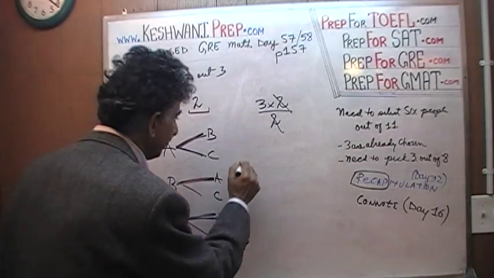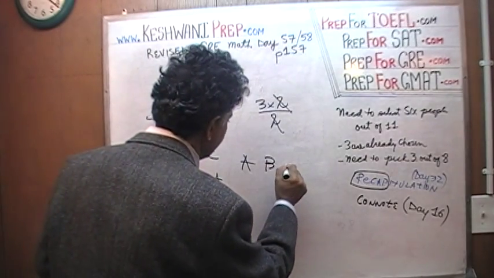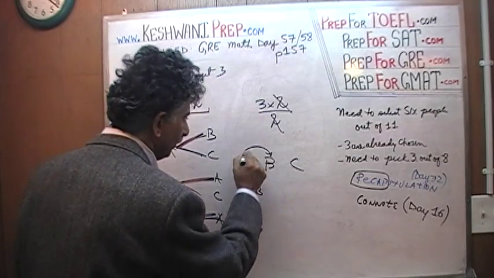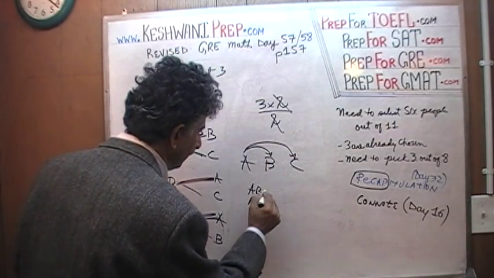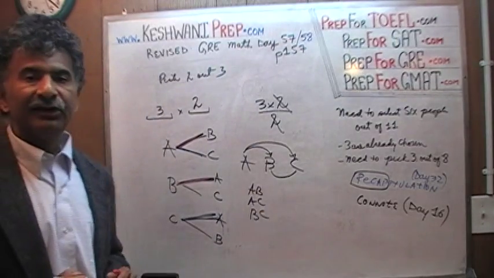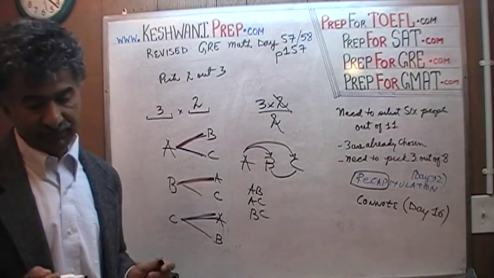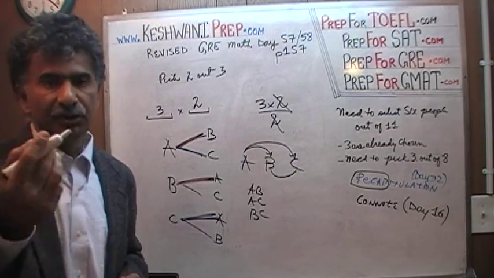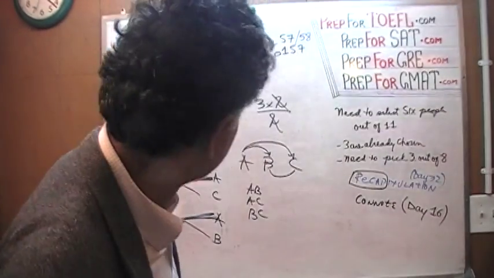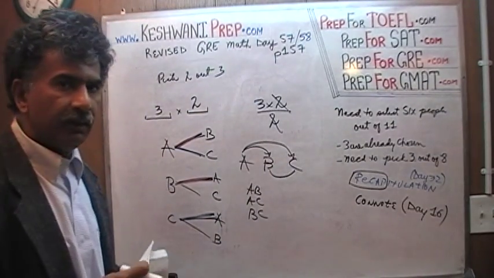I'm going to show you here in pairs, A, B, and C. We can either pick A, B, or we can pick A, C, or we can pick B, C. Voila, that's it. The rest is, as I keep saying, double counted. It's the mirror image of what is going on. Would you like to see the mirror image? The mirror image should not be counted.